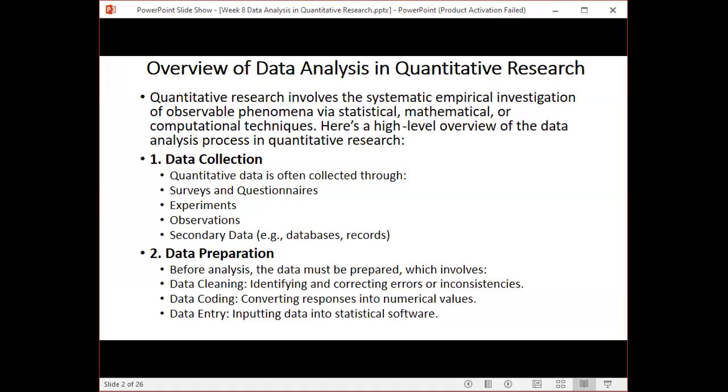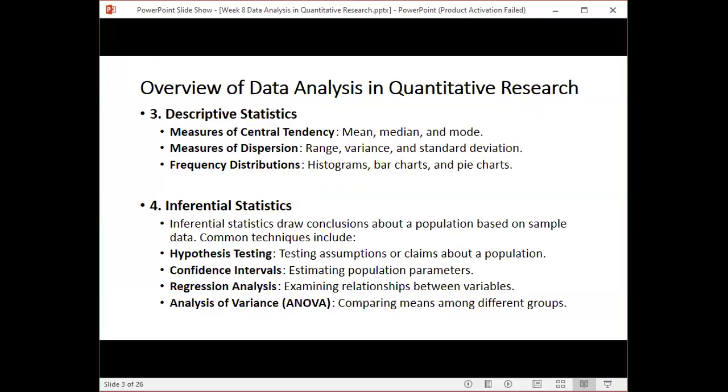So data cleaning, data coding, data entry, and all, those are considered under data preparation. And after data preparation, you can either decide to do descriptive statistics or inferential statistics as part of your analysis, right?